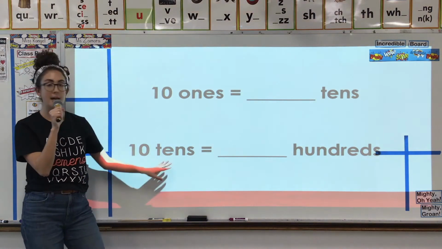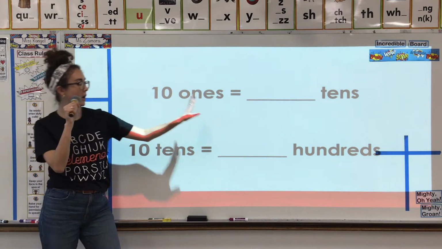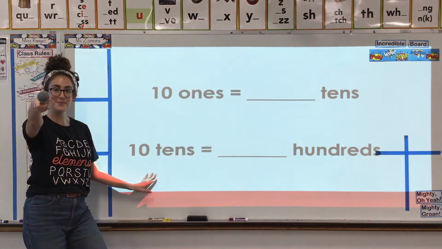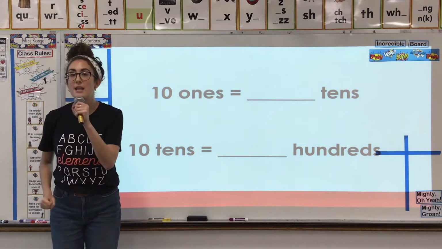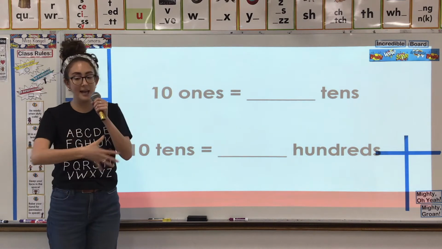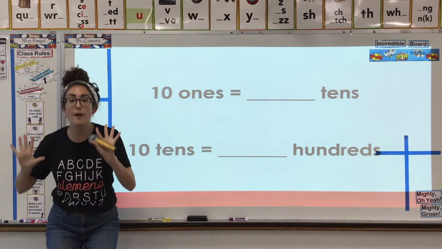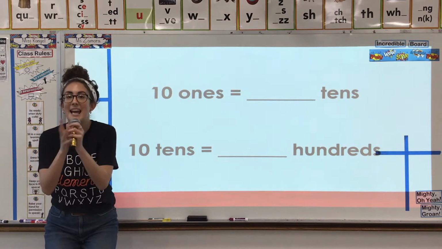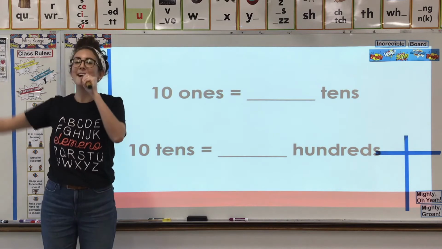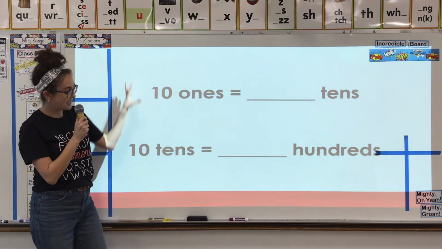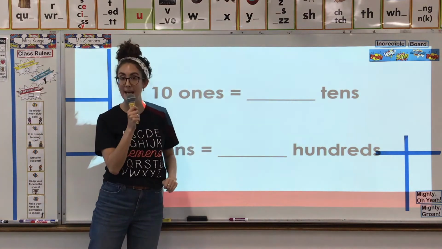So that means 10 tens equals 100. Good job. Can you say it with me? This is because 10 of a smaller unit equals 1 of a bigger unit. Good job. Okay, 10 small to 1 big.